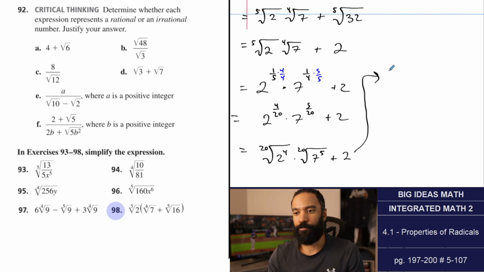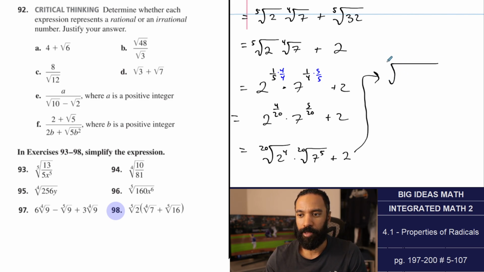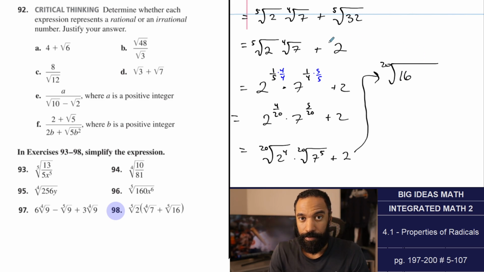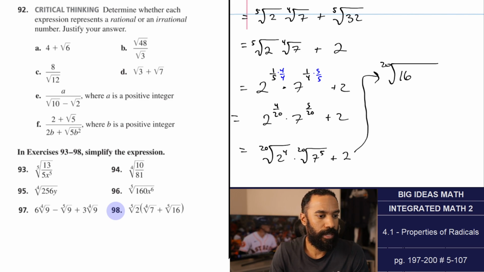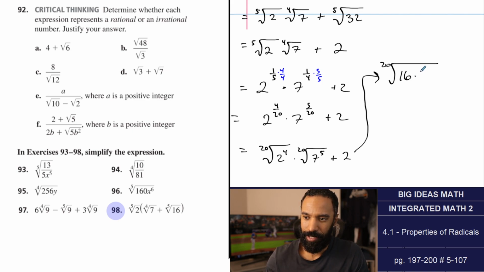But now I'm going to put them all under the same hat. 2 to the 4th is 16. 7 to the 5th is 16,807. And those are together. So I'm going to put the 2 first.